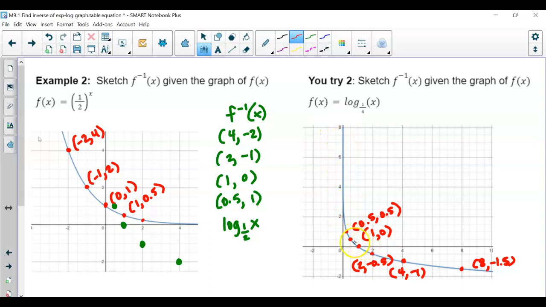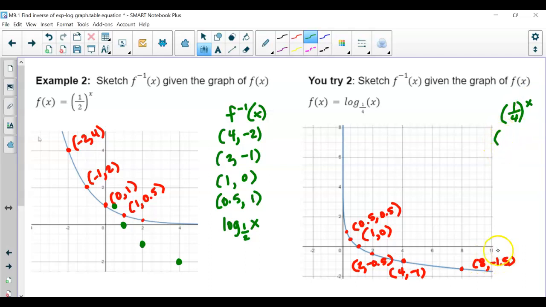So that means if we have an asymptote at x is equal to 0, then the asymptote for your graph should be y is equal to 0. So then here, first off, if we have a base of 1/4, then that means we're going to end up with 1/4 to the x. So that is your base here. And then again, we're going to switch those coordinates.